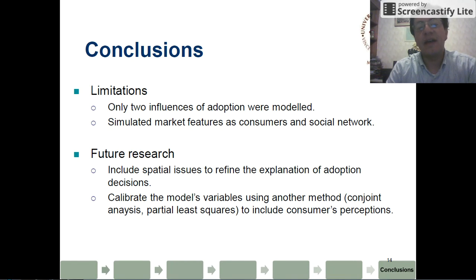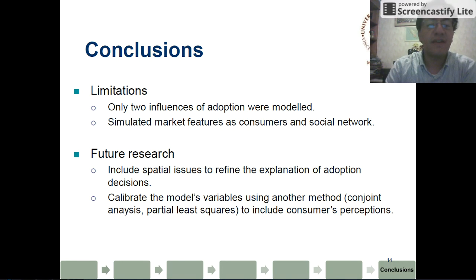So in this line, for future research, I would like to suggest including spatial issues to refine the explanation of the adoption decisions. That is, I only included a developing country in an abstract way. In the same manner, I included a developed country in an abstract way. So a very interesting idea would be to put names to these developing and developed countries.